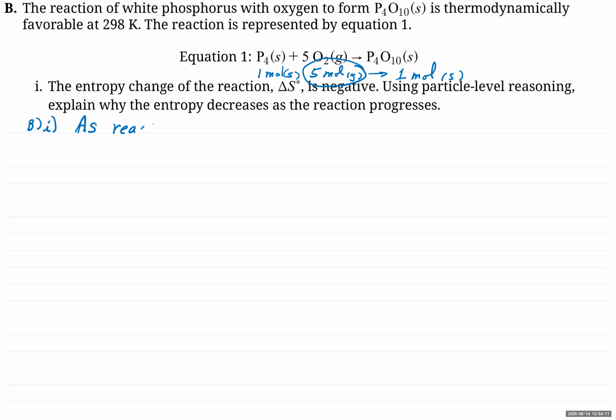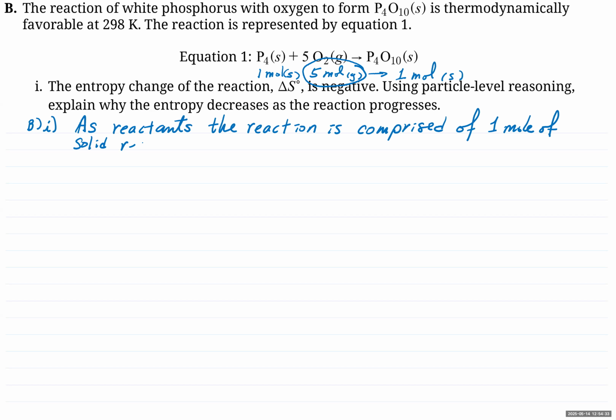So what we could say is, as reactants, the reaction is comprised of 1 mole of solid reacting with 5 moles of gaseous dioxygen.